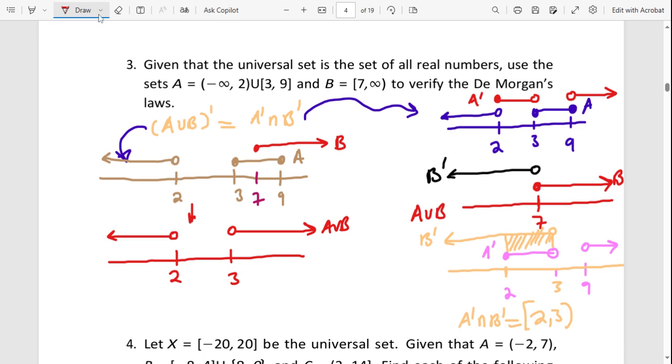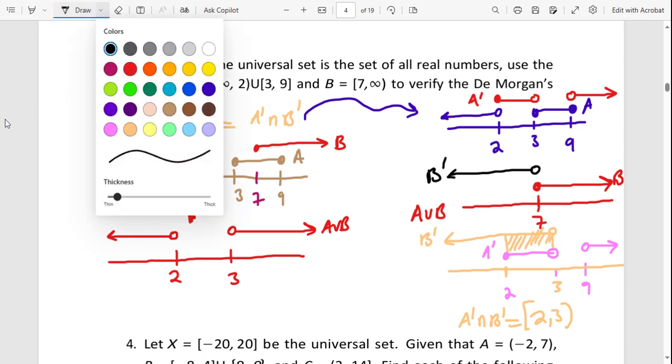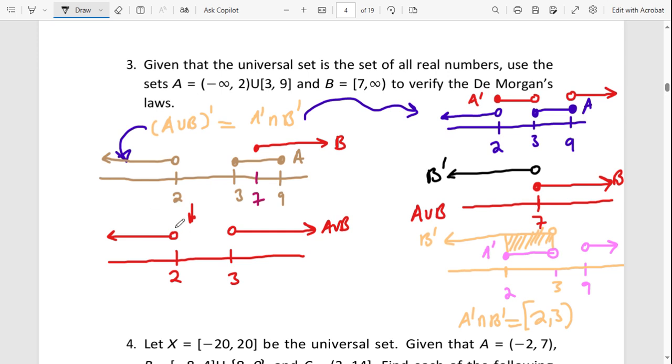But we want the complement of A union B. So this part is included, 3 is included in the union. You can see we've shaded that part. So we'll shade here, but we'll open here because in A union B it was already there. So that will be A union B complement.